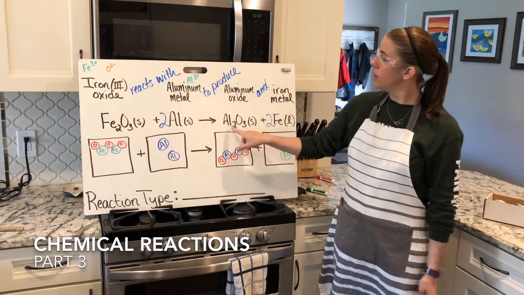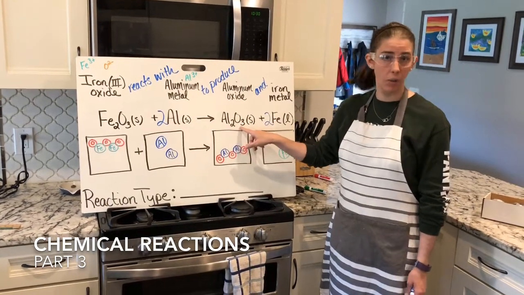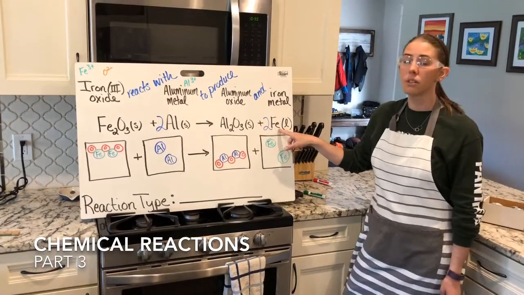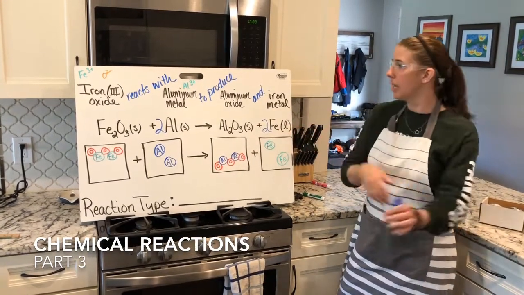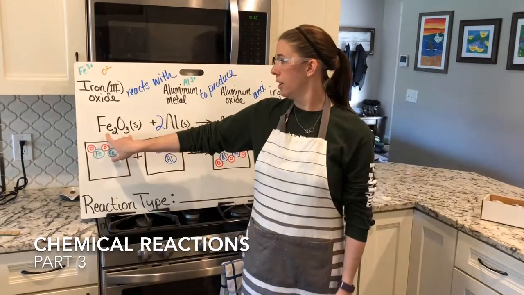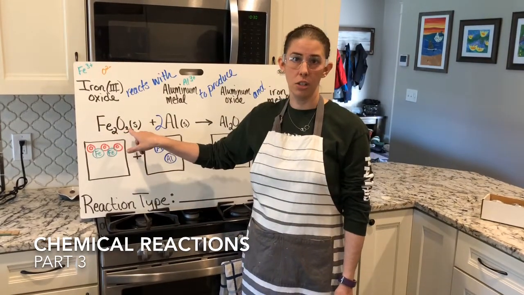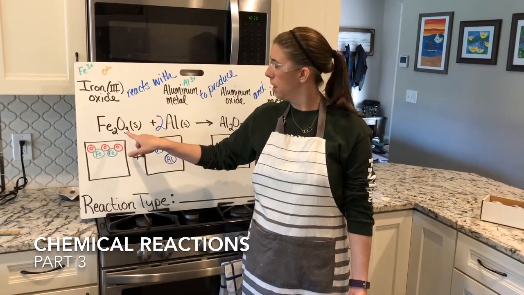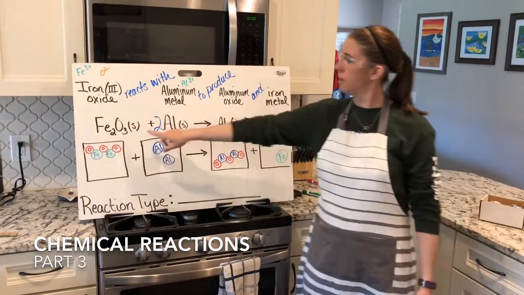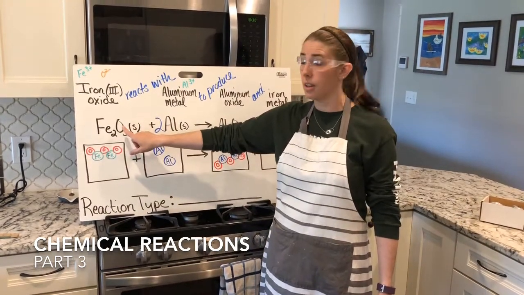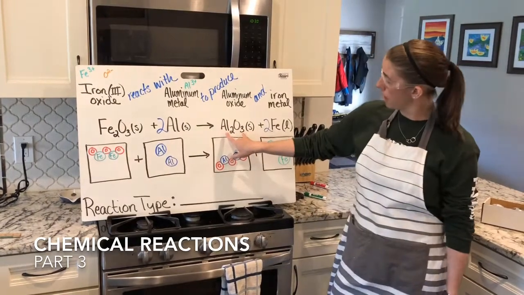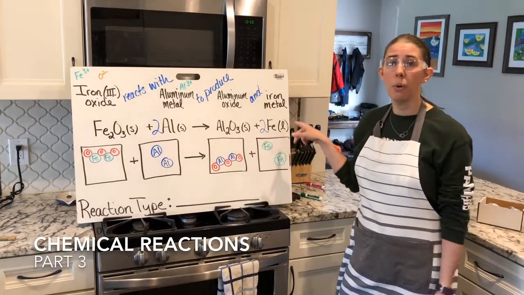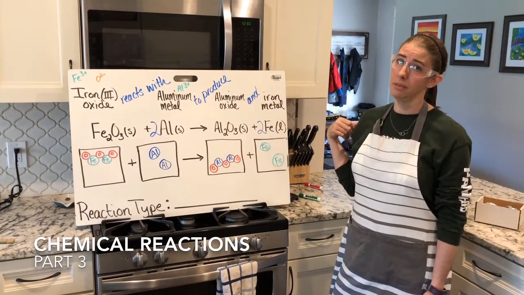After the reaction, you have aluminum bonded with oxygen, and now iron's all alone. It's kind of like you have this couple here, and iron is dating oxygen, but they break up. And then aluminum, the oxygen is way more interested in hooking up with the aluminum, so they combine, and then the Fe, poor iron, gets kicked to the curb.